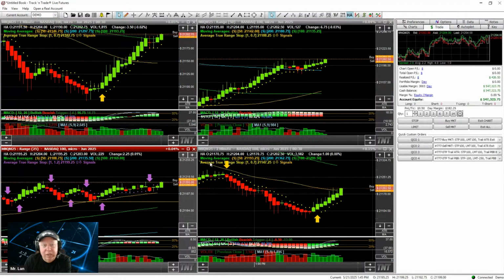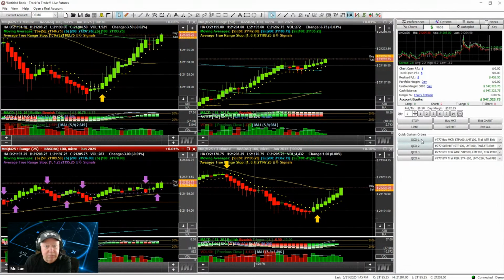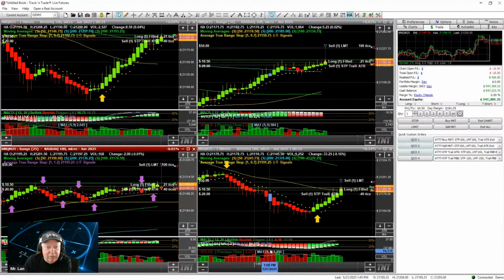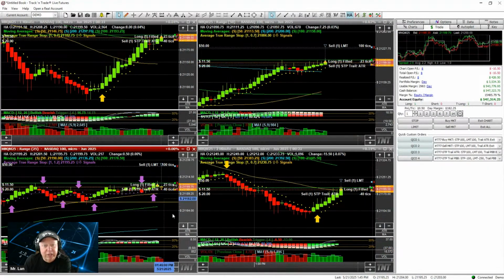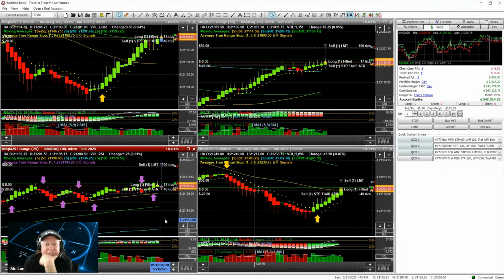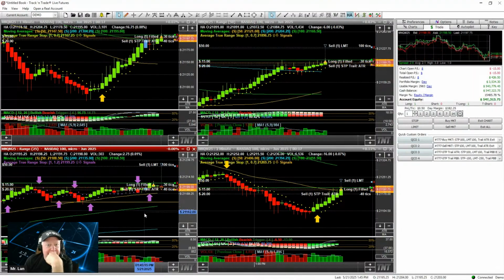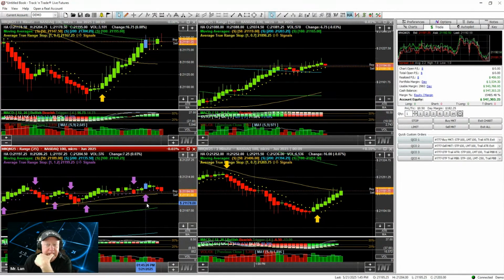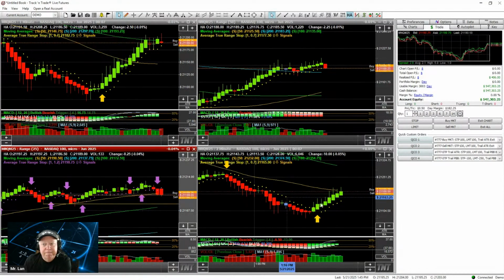You want to put one on it? You can. Just pop one in there just like that. Yeah, I wouldn't. I wouldn't if I were you. I wouldn't try and trade this. This is really ugly on the range 25. See that? Look at how ugly that is. Not happy.